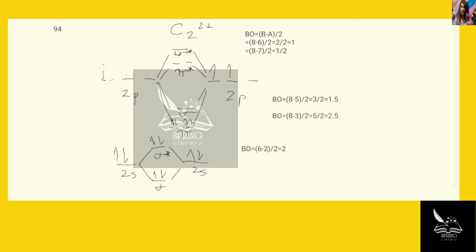So let's take away 2 electrons from one of the carbon atoms, and then we'll need to take away 2 from these bonding orbitals. So now we have 4 minus 2 divided by 2. That's 2 divided by 2, which is 1. So the stronger one is going to be C2 without the charge.